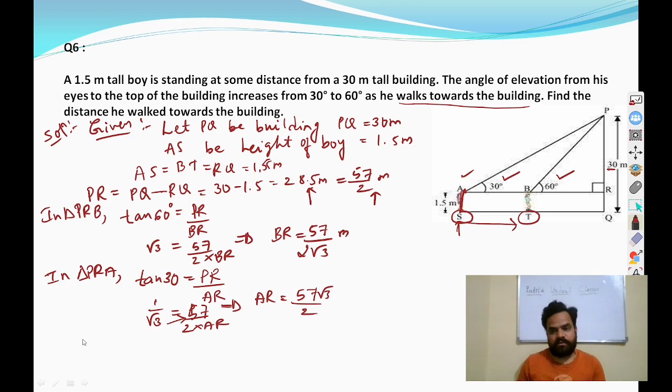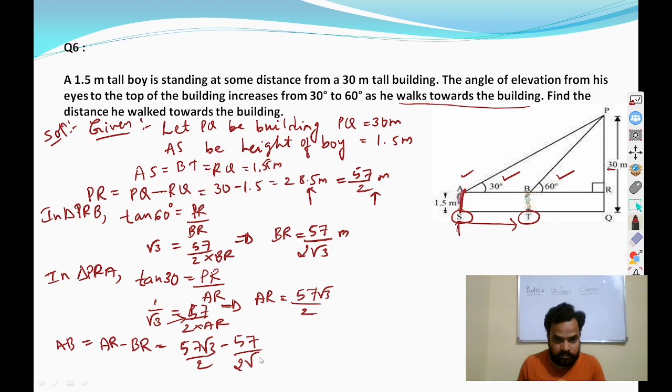So now what we can do here is, the boy is moving from A to B. AB can be written as AR minus BR. Am I right? So AR is how much? 57 root 3 by 2 minus 57 by 2 root 3. Right? So it's correct.